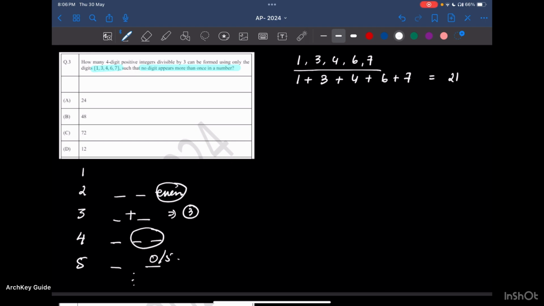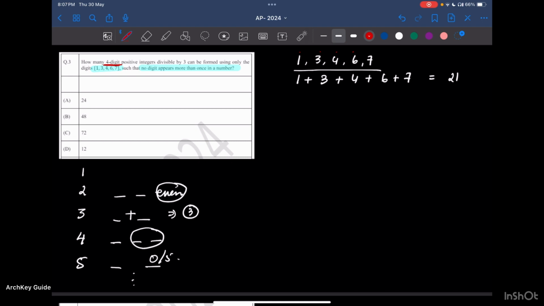Now, this would have been very simple if they had asked to form 5-digit numbers. But what they have asked is to form a 4-digit number, which means I'll only require 4 numbers. So let's use permutations and combinations to see which combinations of numbers add up to a number which is divisible by 3.